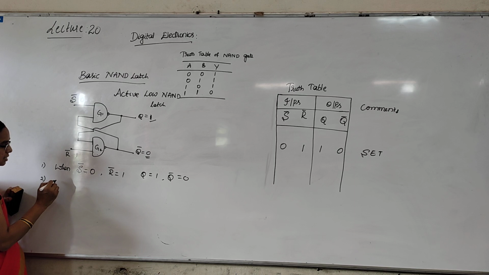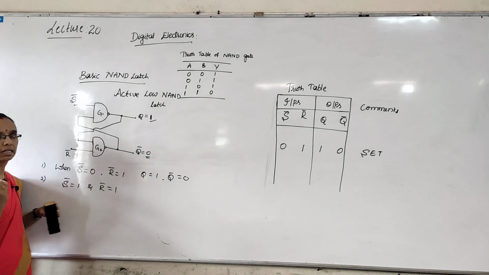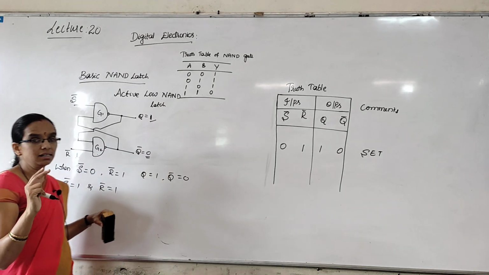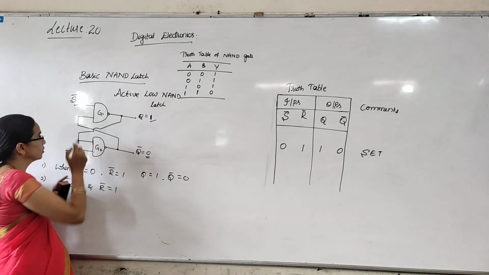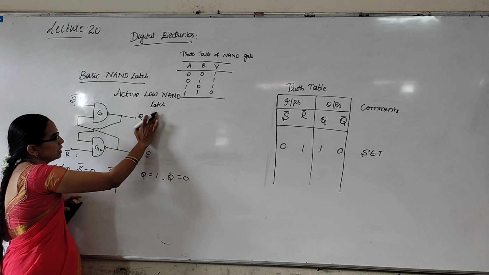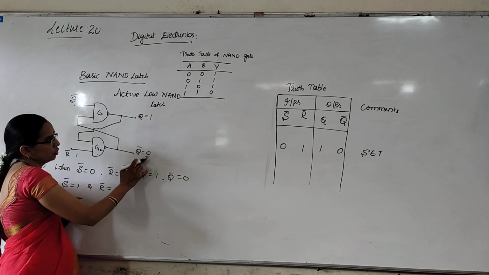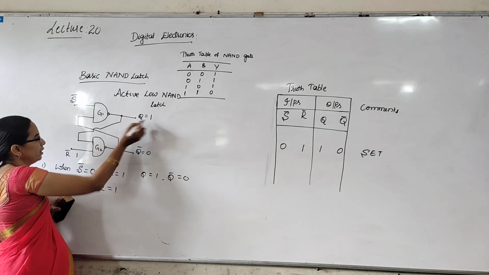Second case, I will make S bar is equal to 1 and R bar is equal to 1. This is also 1, this is also 1. Previously we know Q was 1, Q bar is 0.